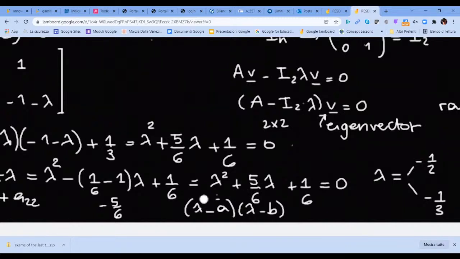And you have lambda plus 1/2, if you want to decompose this trinomial, lambda plus 1/2 times lambda plus 1/3. These are the two numbers for which the product is 1/6 and the sum is 5/6. But these are not the roots of the polynomial. These are the opposite.